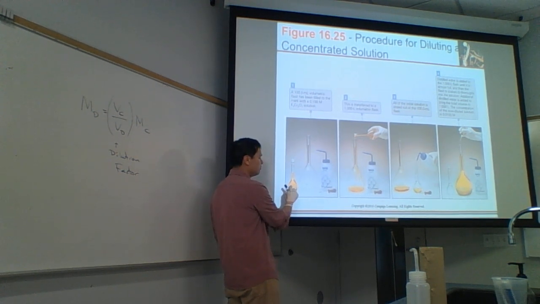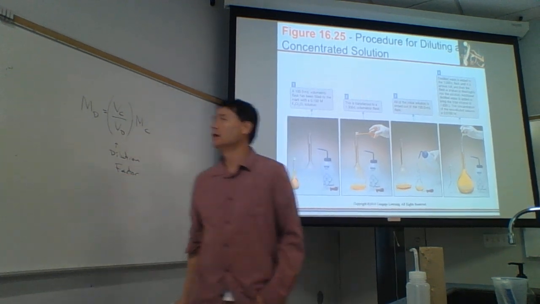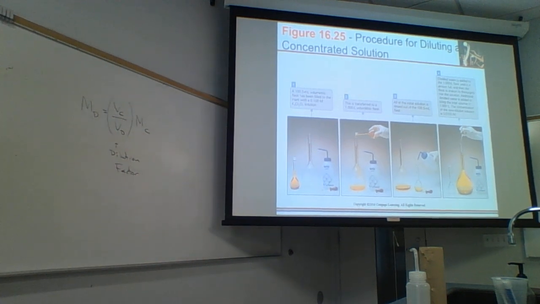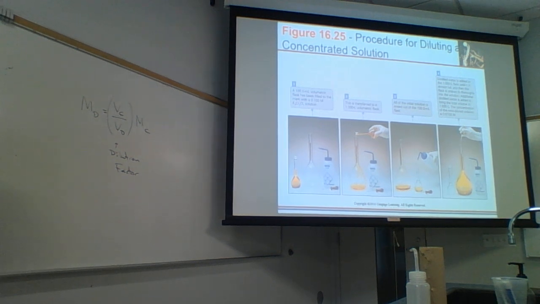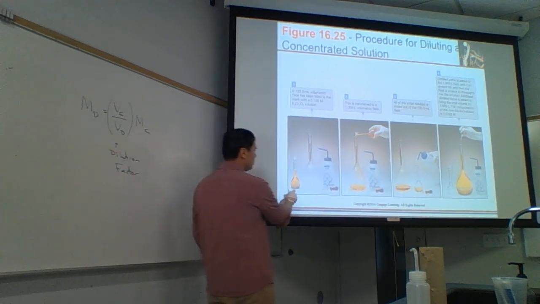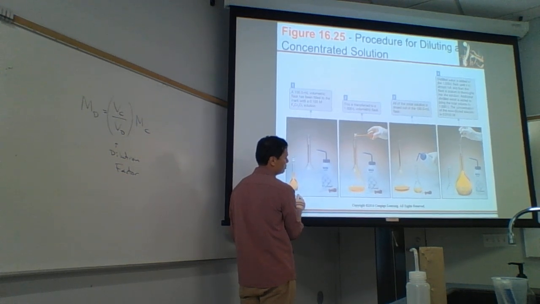So what they do is fill this up and then mark it to calibrate it. They'll fill this up with 100.00 milliliters. That's very precise, 100.00 milliliters of concentrated. This is called a volumetric flask. This is very common for solution dilutions and that kind of stuff.